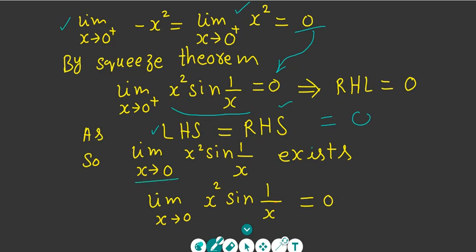So we can write the limit as x approaches 0 of x square into sine of 1 upon x is equal to 0. This is our required result.